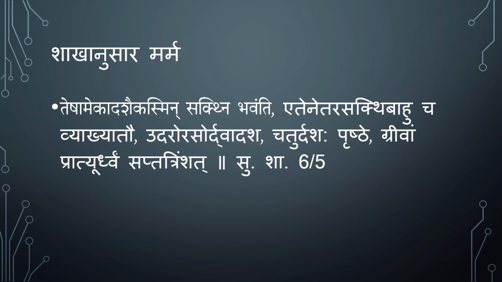Udaroso dvadasha: in the udara and uras, that is chest and abdomen, 12 marmas are present. Prushte chaturdasha: in the prushtha, that is the back region, 14 in number. Grivam pratyurdhvam, that is above the griva, in the head and neck, saptatrinshat, 37 marmas.